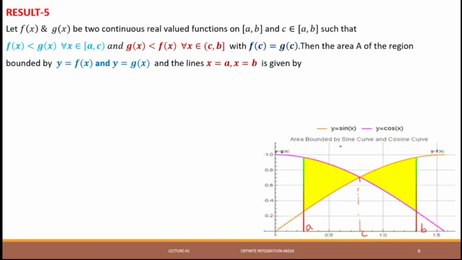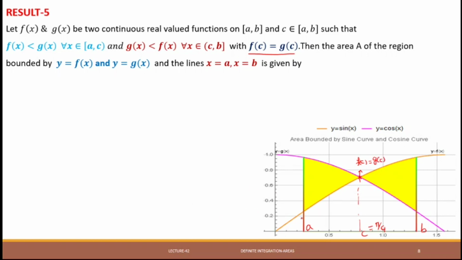So I have considered the two curves here, sin x and cos x. This is for the example sake, this will be pi by 4. At exactly pi by 4 these two get intersected. See, in the hypothesis it is given that f of c is equal to g of c. That means the two curves intersect at c. So this is the meaning of f of c is equal to g of c. The two curves intersect.